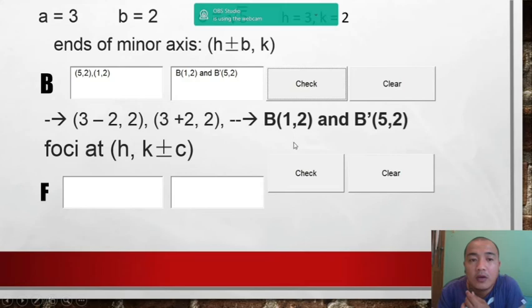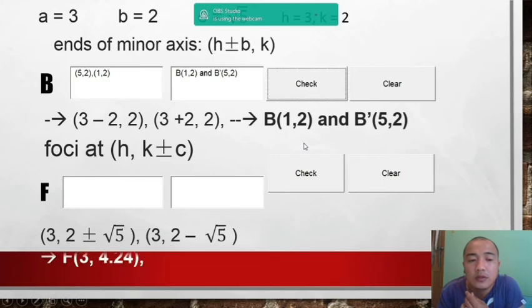Just add 2 plus 2.24, that is 4.24. So, the square root of 5 is 2.24. So the foci are (3, 4.24) and (3, negative 0.24).